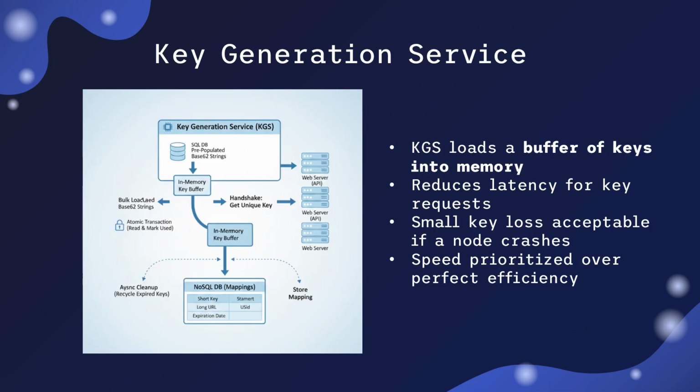How do we actually generate the key? If we hash the URL using MD5 or SHA, we get a long string that we have to truncate, which leads to collisions. Checking the database every time to see if a key exists is slow and expensive.